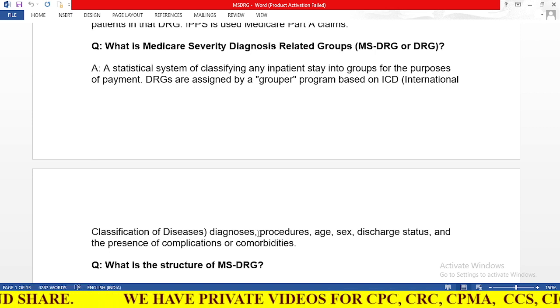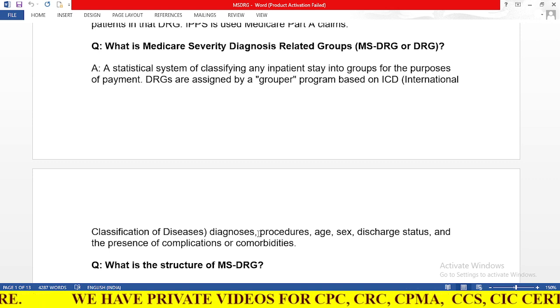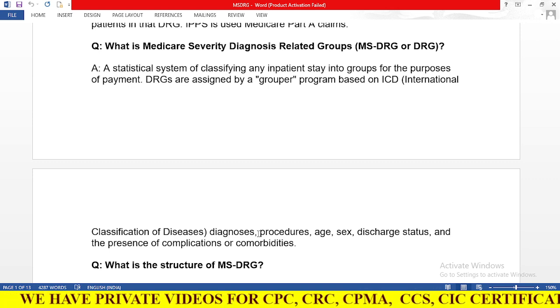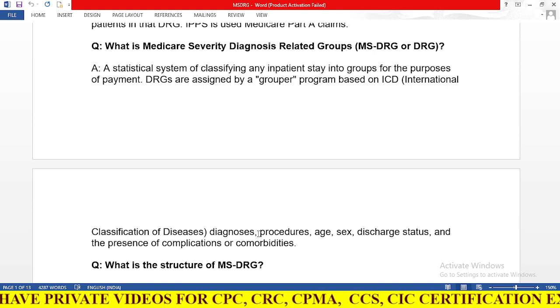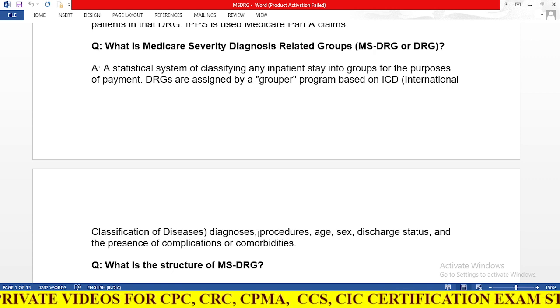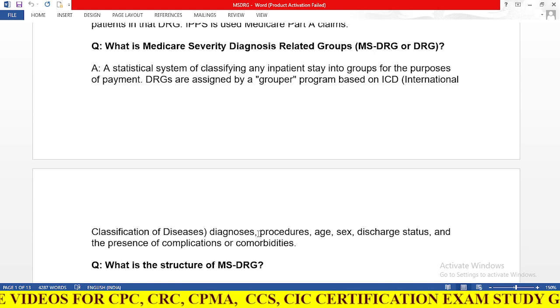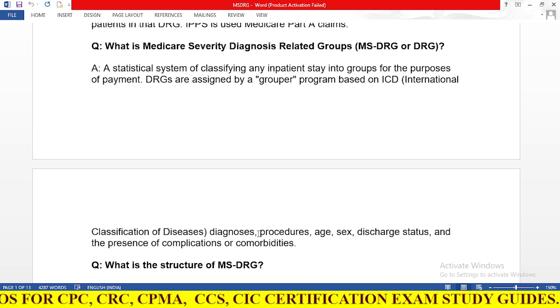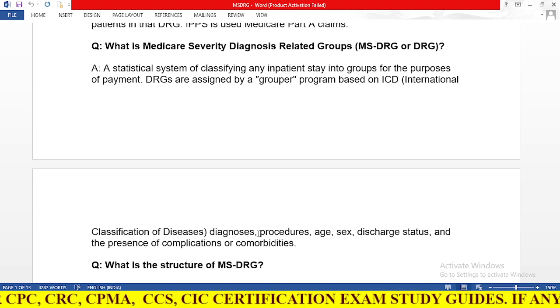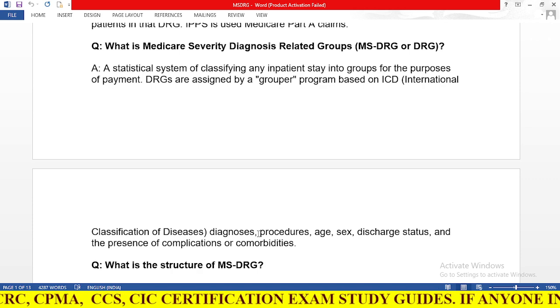DRGs are assigned by a grouper program based on ICD-10 diagnosis, procedures, age, sex, discharge status, and the presence of complications or comorbidities. All these definitions we are going to learn as follows.